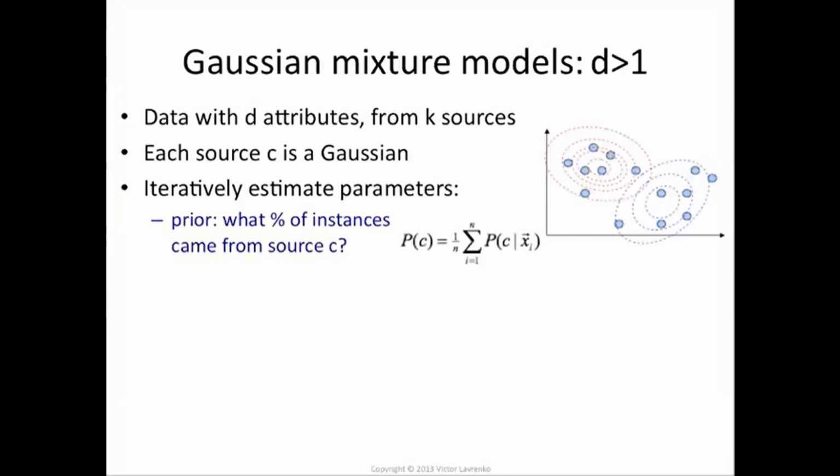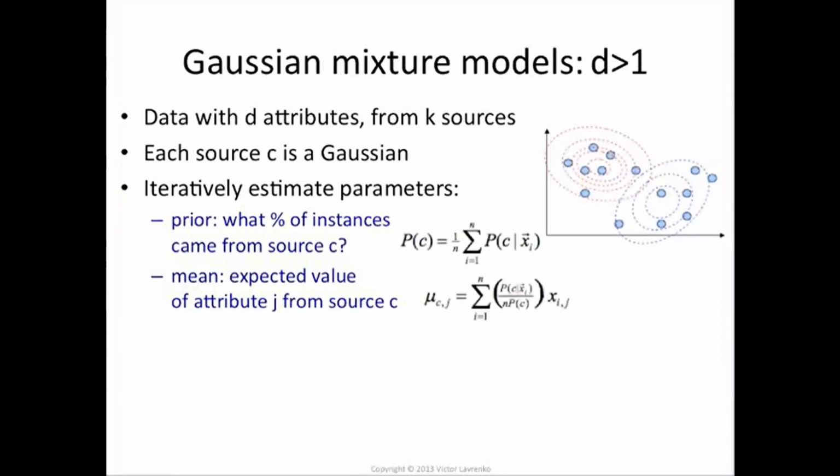So priors, you just count. For a particular source C, you take the posterior distributions. Those are our BIs from the previous slide. You add them up, divide by n, and that gives you the prior for the Cth Gaussian. The mean of the Gaussian becomes the expected value of the attribute across all the items weighted by this posterior.